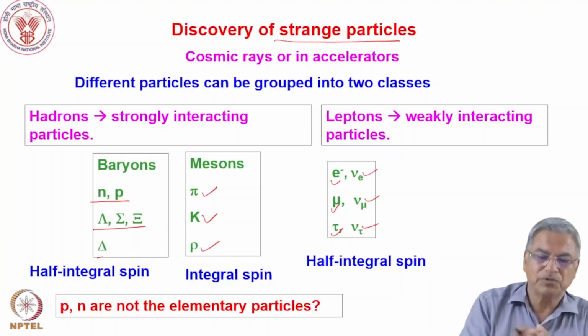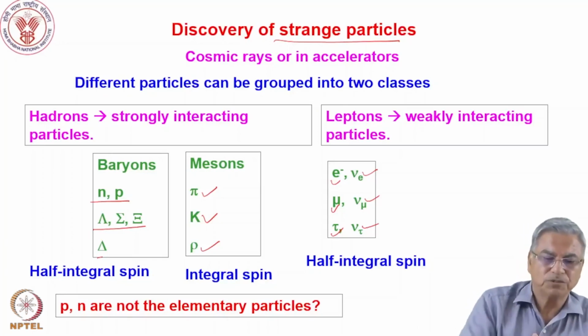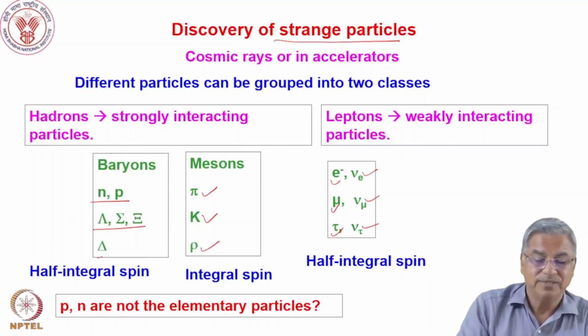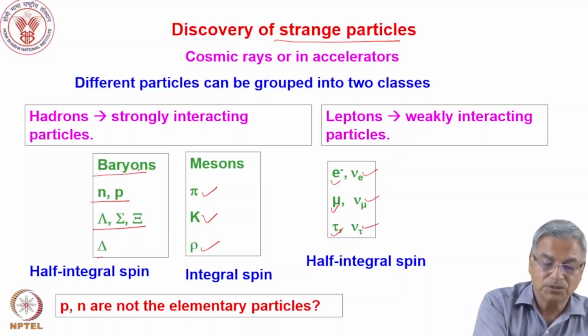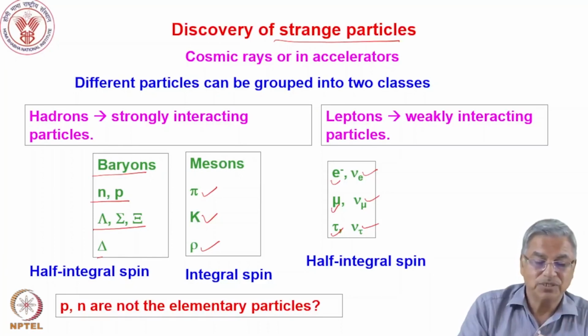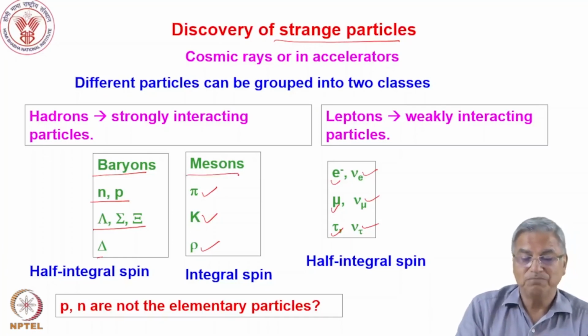And so there was a classification of these different particles into hadrons. Hadron means particles interacting by strong interaction. The baryons are the half integral spin particles: neutron, proton, lambda, delta particles. Then the mesons are integral spin particles. They are made of certain things which we will discuss very soon.